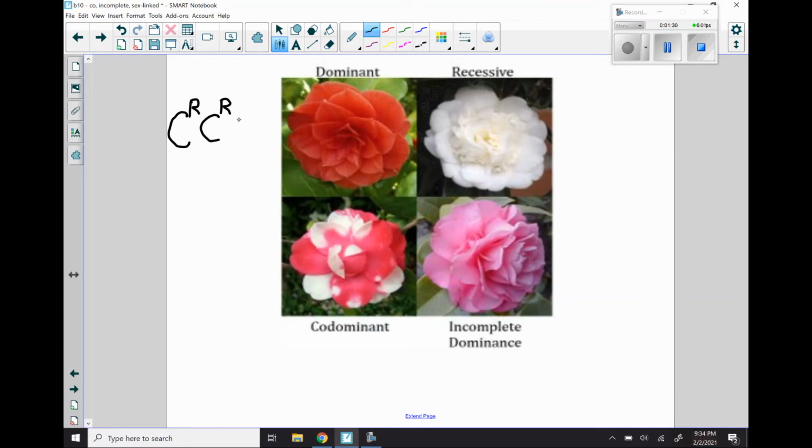My dominant red flower, my recessive white flower, and then my heterozygous options, where incomplete dominance shows a blend, so these made pink, and codominance shows a mixture, but I can still see both of the individual traits.